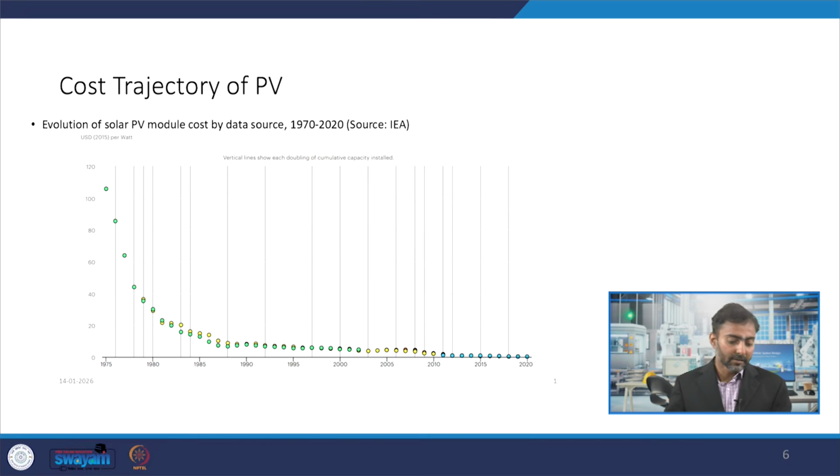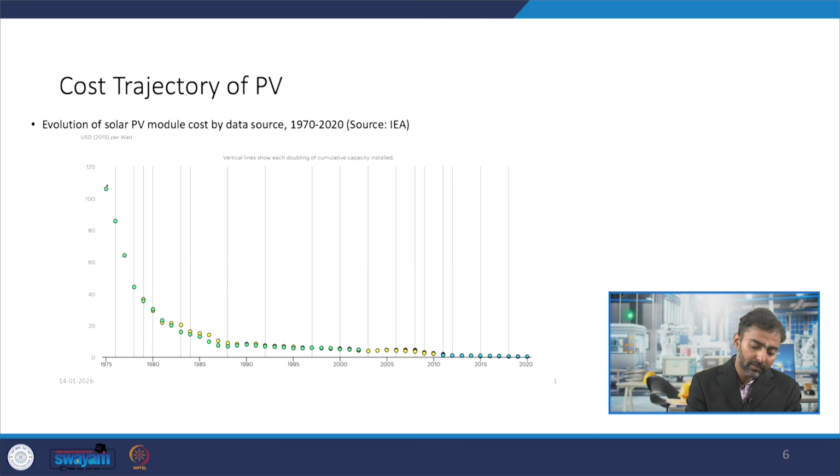If you look at this, this is the cost trajectory of PV over the last more than 4, almost 5 decades. In around 1975, the period of the oil crisis, is when people's interest started in looking at solar PV as a terrestrial source of power.